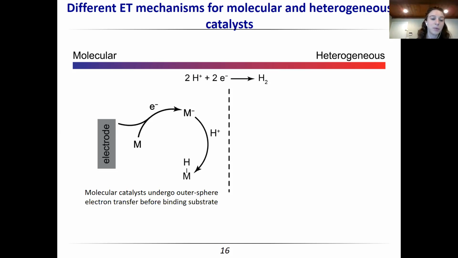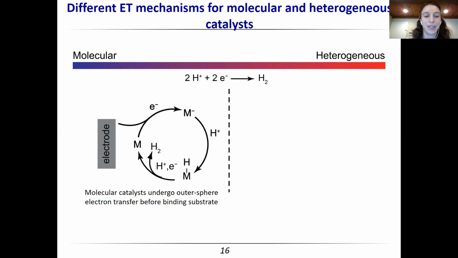So I can change the potential of the electrode to reduce more of the molecule, but after a certain point, after I've reduced all of the molecular catalyst that's next to the electrode, increasing the potential at the electrode further isn't going to have a direct impact on the driving force for forming this MH species. That's just coming from the intrinsic thermodynamic properties of the molecule. So that can be a downside.